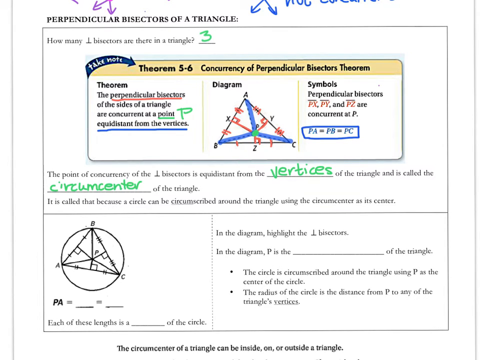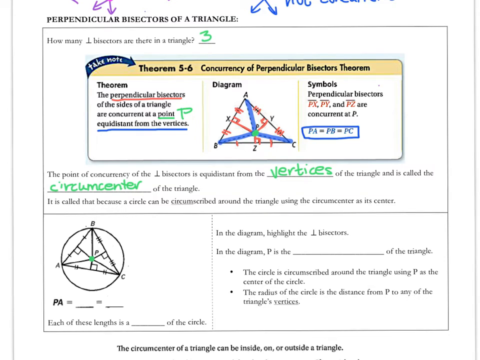Now, the reason it's called the circumcenter is because, as you see in this picture down here, a circle can be circumscribed around the triangle. So starting with any triangle, if you draw in the perpendicular bisectors, they will all be concurrent at a single point, and that point right there is called the circumcenter.